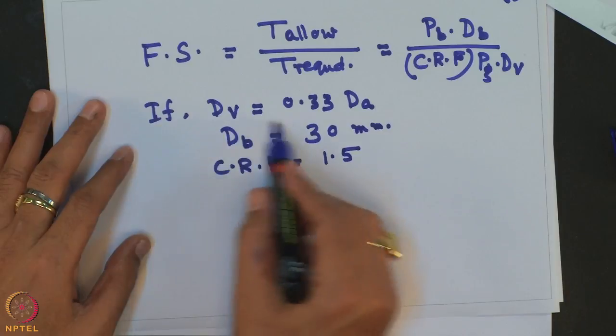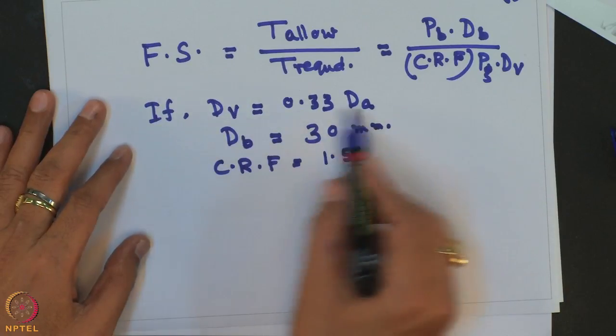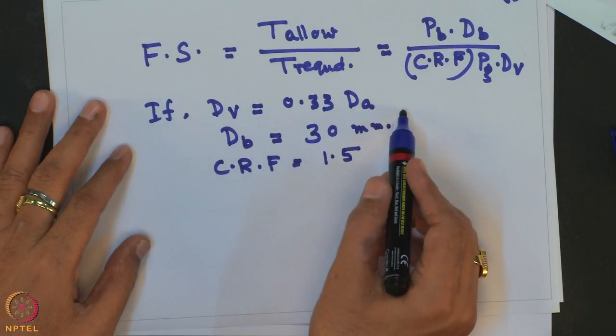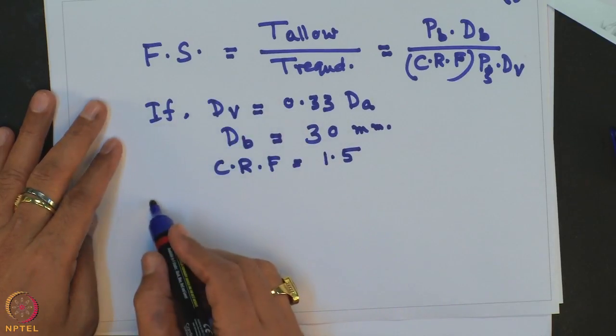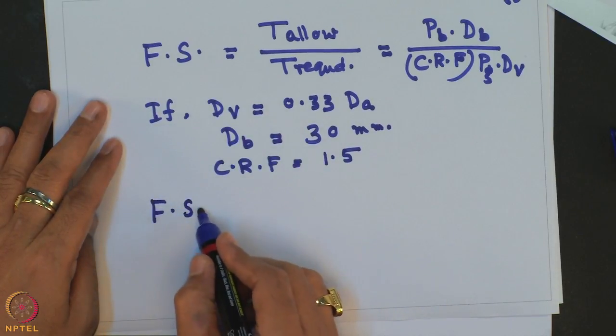So, there is a relation between d_V and d_A, that is 0.33 times d_A, and you can determine the factor of safety.